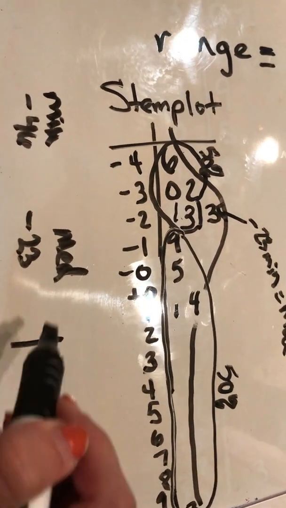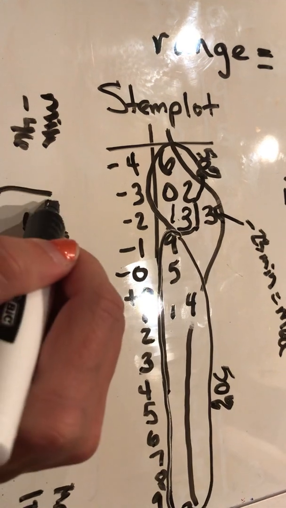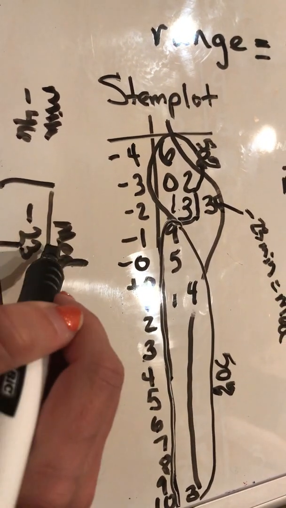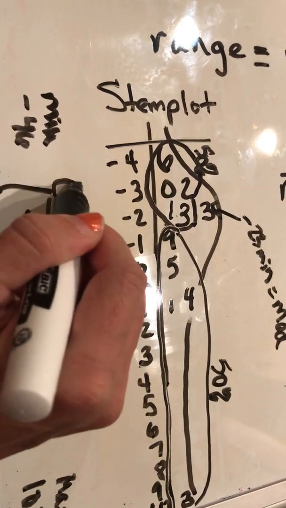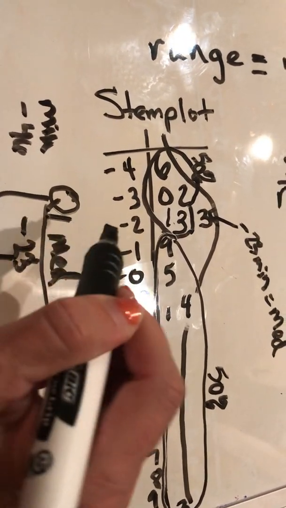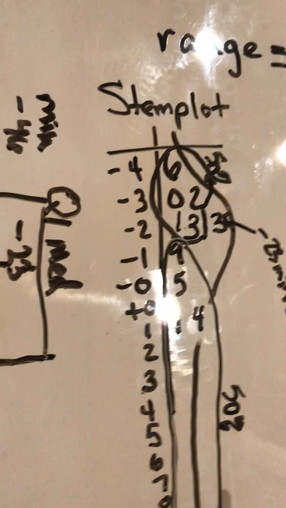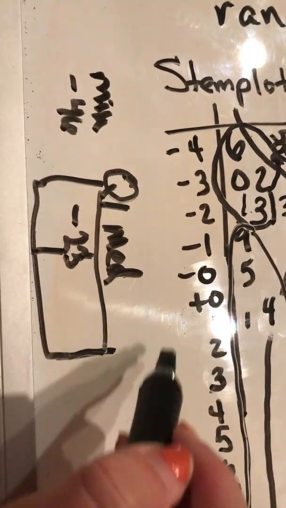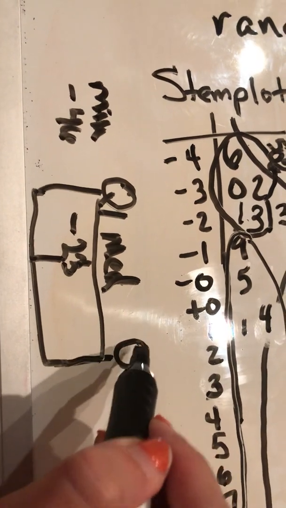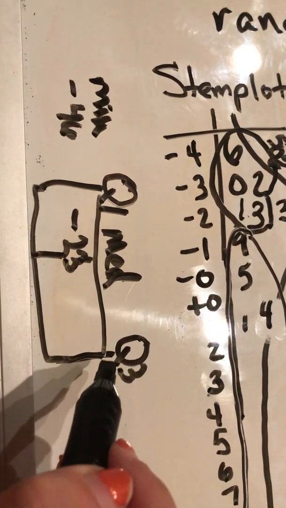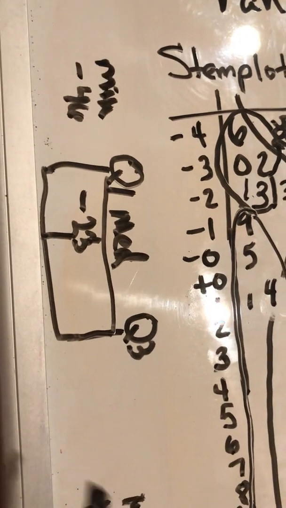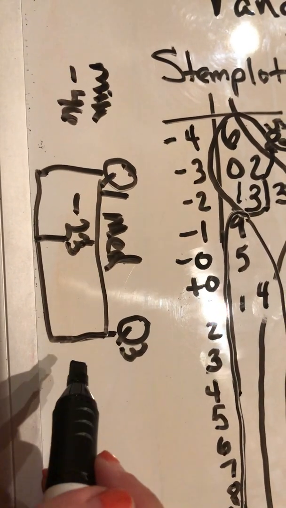Now to finish out my box, I'm going to need a value that has 25% to the left, less. And the 75th percentile, this Q3, with 75% to the left, 25% to the right, I need that too.